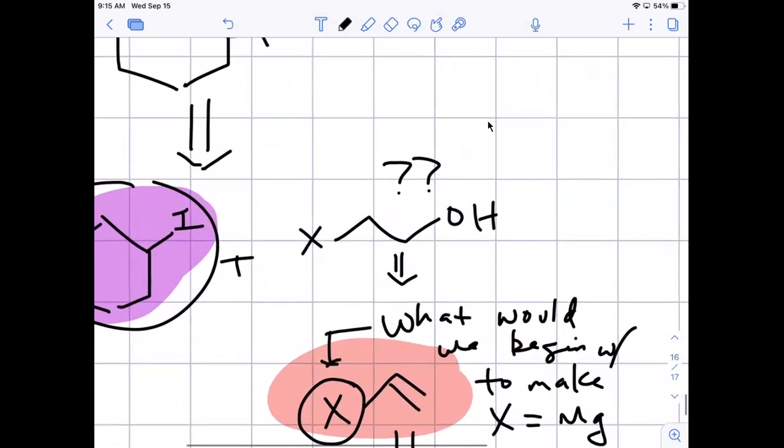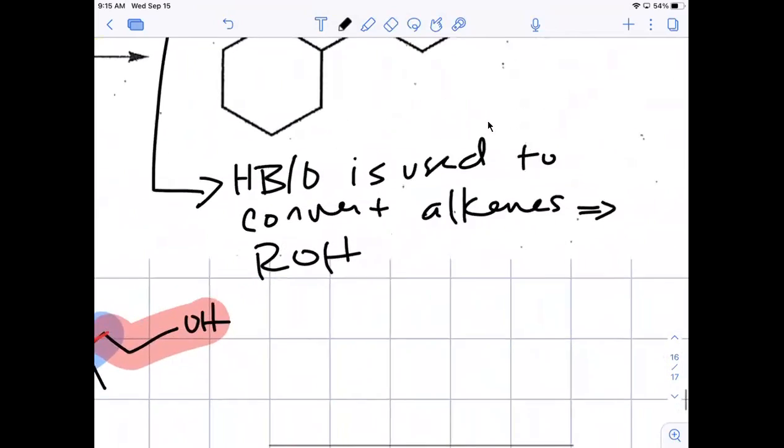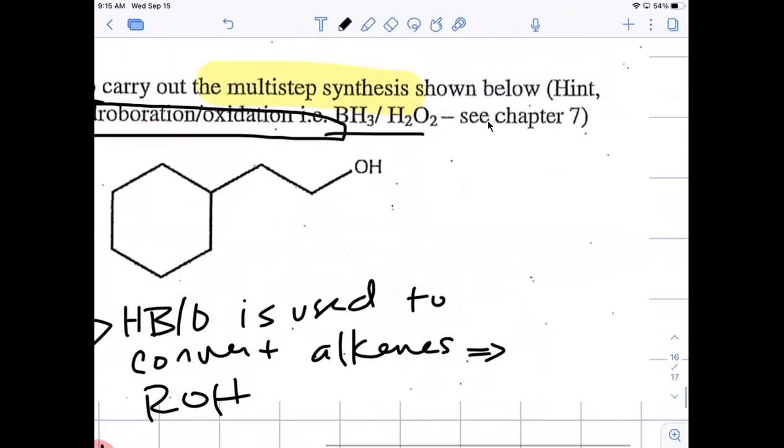What we're saying is that one of the steps is going to involve hydroboration oxidation, right? And that step is going to have to involve some type of alkene because hydroboration oxidation works on alkenes. It turns alkenes into alcohols.